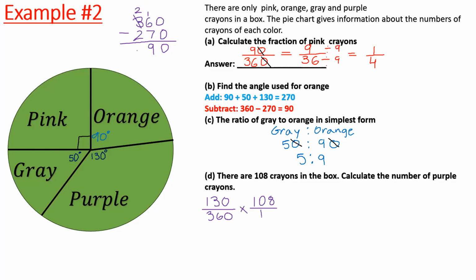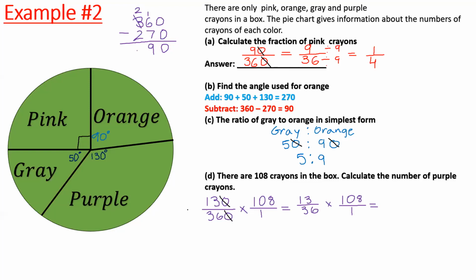We cross out the 0 here and the 0 here. So we'll be left with 13 over 36 multiplied by 108 over 1. And your answer would be 1,404 over 36.